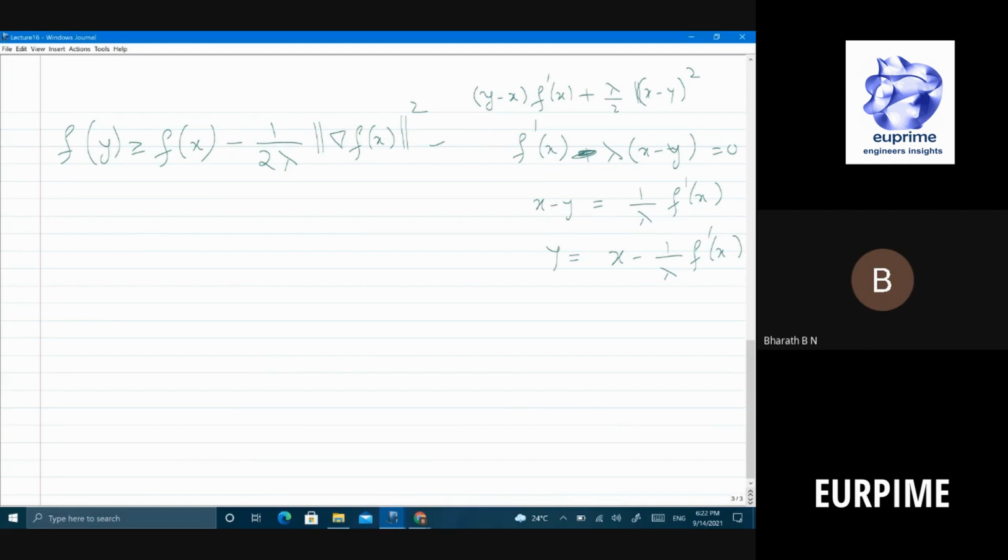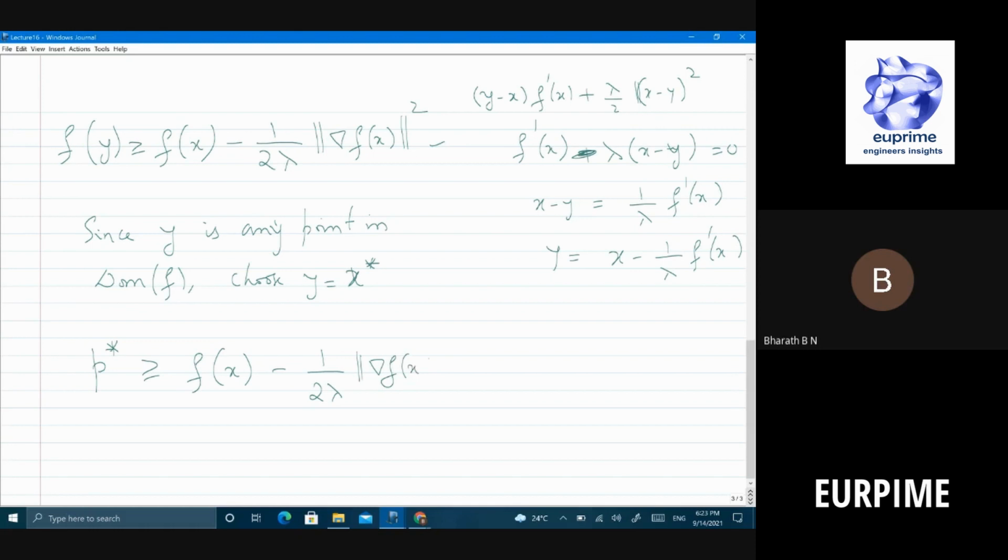Take x and y, this is how it looks like, right? Since y is any point in the domain of f, let's choose y equal to x star. So what will happen? This will be p star is greater than or equal to f of x minus 1 by 2 lambda norm of the gradient of f of x square, right?